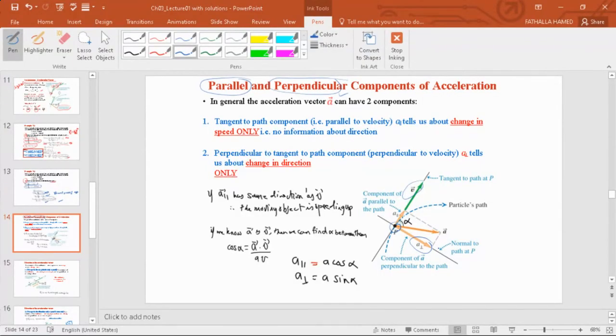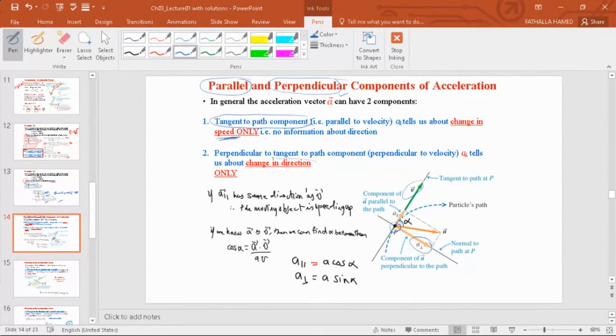So you have both of these. So we have here what we call tangent to the path, which will be along the velocity. It will be parallel to the velocity. And that's responsible for changing speed only. And you have perpendicular to the tangent of the path.